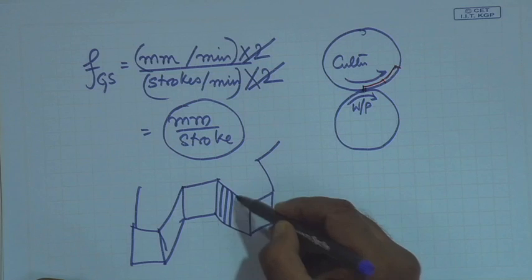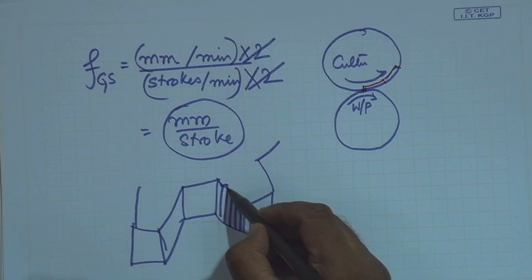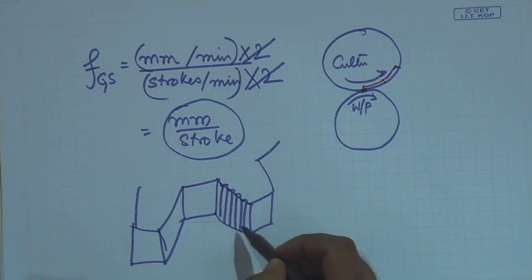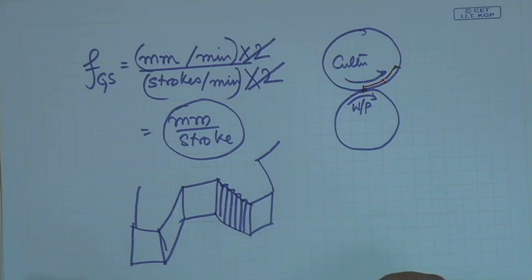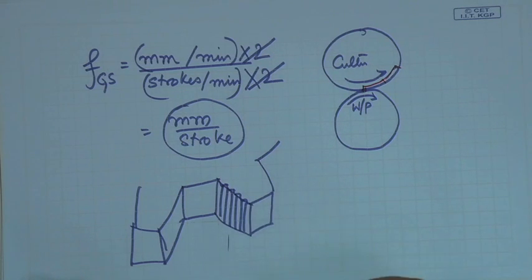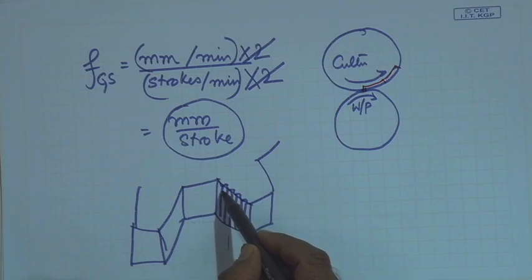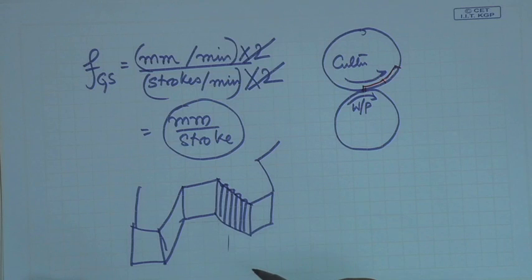Rough surface, the lay lines of the cut will be like this, and this will be rougher. I mean, a coarse cut will be there if you use a higher value of S. The cutter has gone this way and cut the material. So, this millimeters per stroke will remain the same even if you double the UV setting.